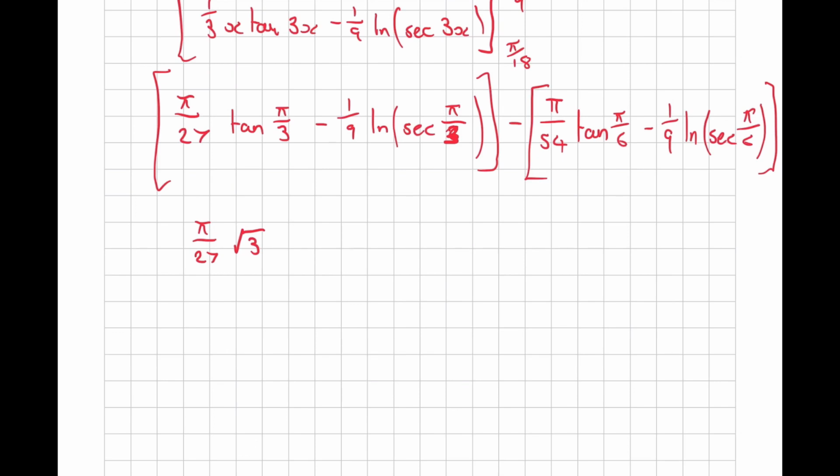To work out sec on your calculator, you need to do cos of pi by 3, which is a half. You need to 1 over it, which is then 2. So you've got ln 2, minus a ninth ln 2, minus pi over 54 tan pi over 6.